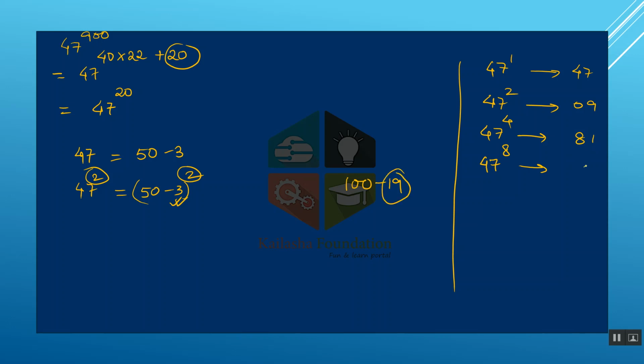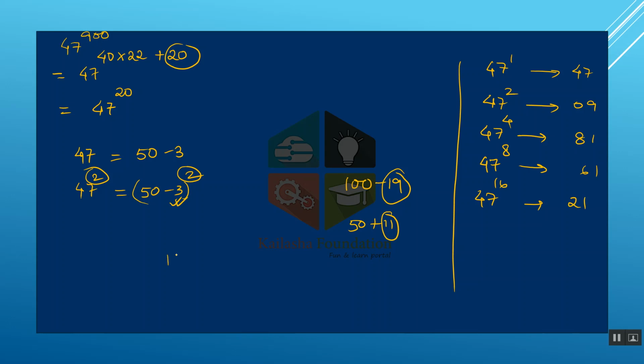So last two digits are 61. 61 is basically 50 plus 11. So 47 raised to the power 16 is basically square of 11, so 121. Last two digits are 21.